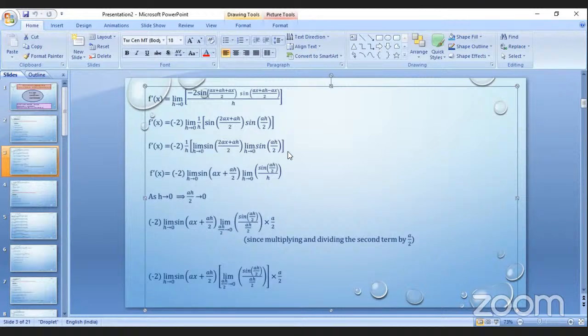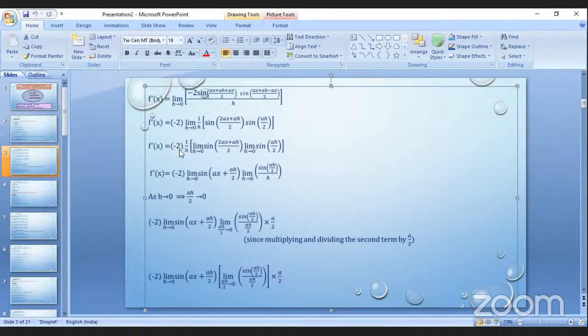And here, observe, we know the properties of limits. Limit x tends to 0, f of x into g of x equal to limit x tends to 0 f of x and limit x tends to 0 g of x.